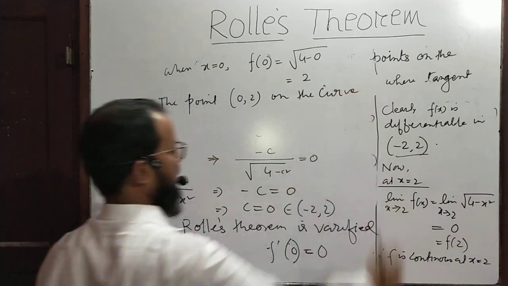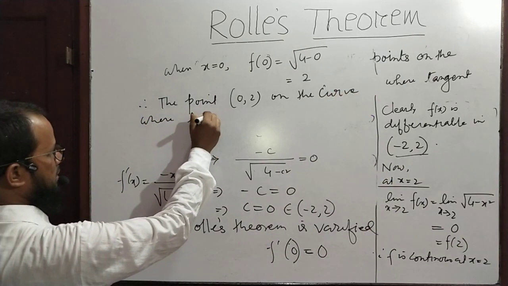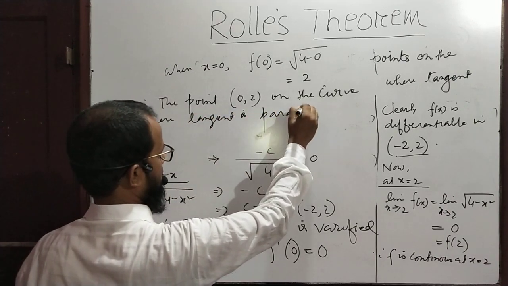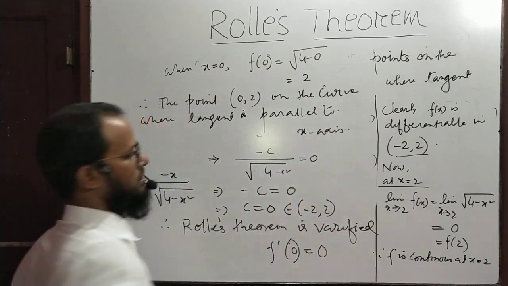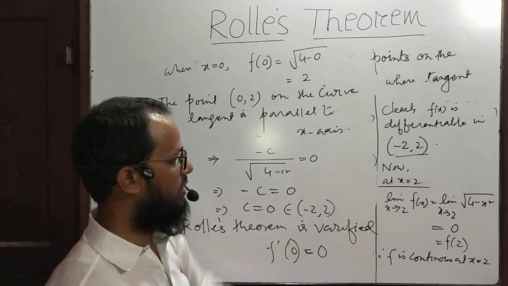You have to find the point on the curve where the tangent is parallel to the x-axis. This is the point on this particular curve.